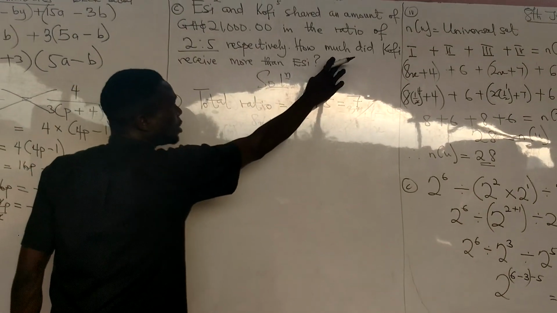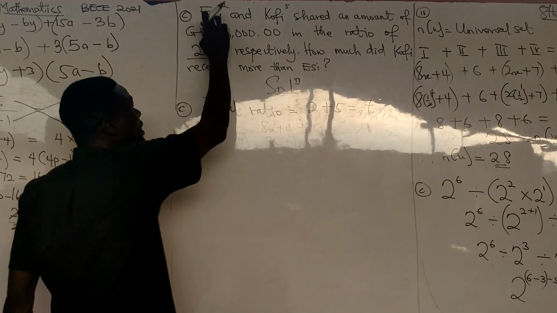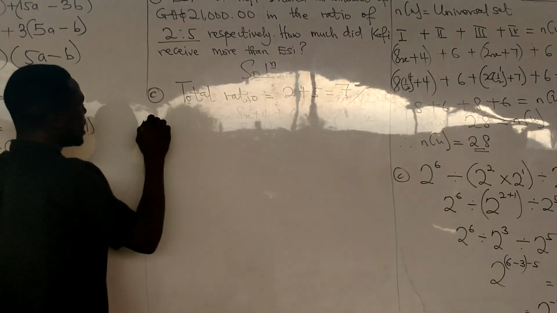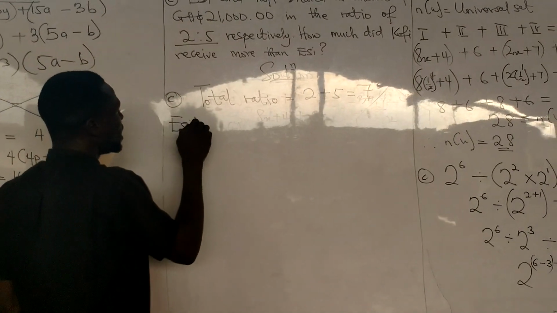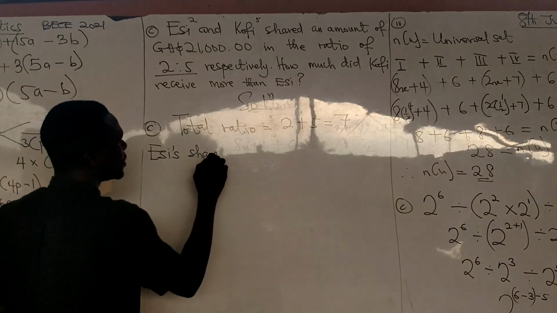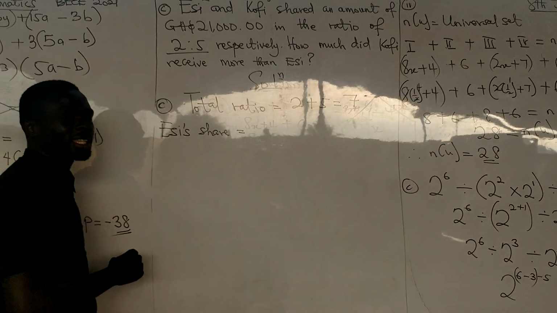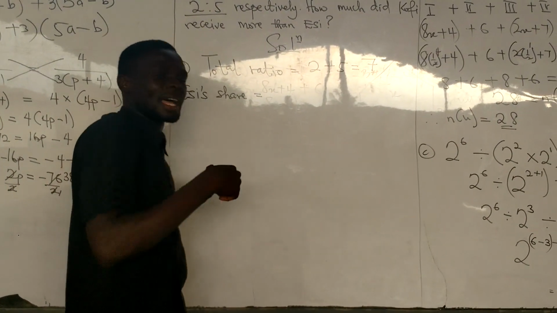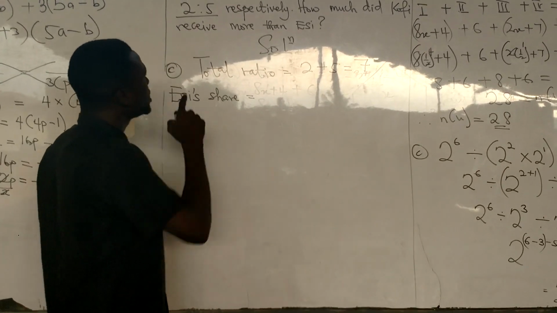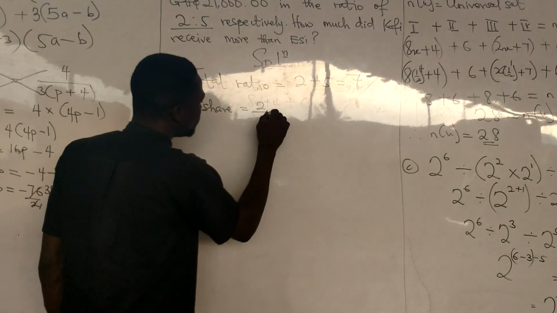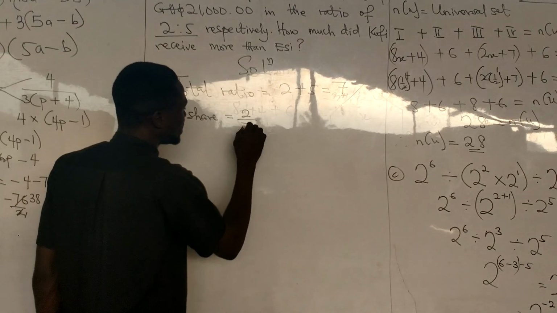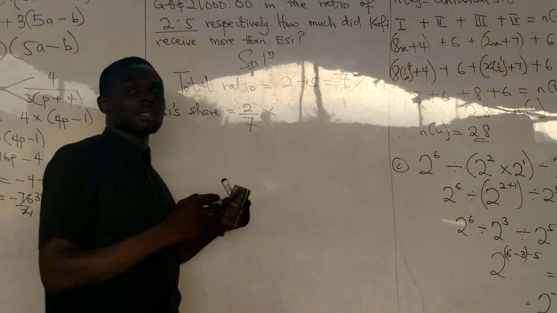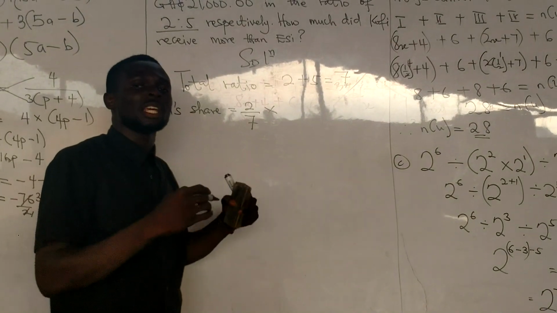Before you can know the amount Kofi had more, you have to calculate the amount each of them received. So you have to first find AC's share. And AC's share is calculated as AC's ratio over the total ratio. What is AC's ratio? 2 over the total ratio, 7. Then you multiply this times the amount they shared.